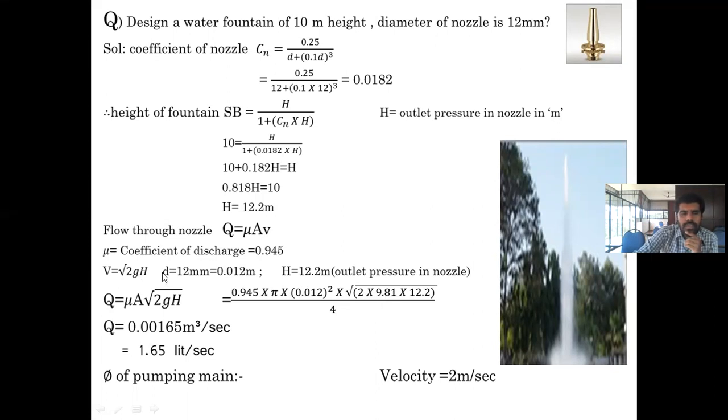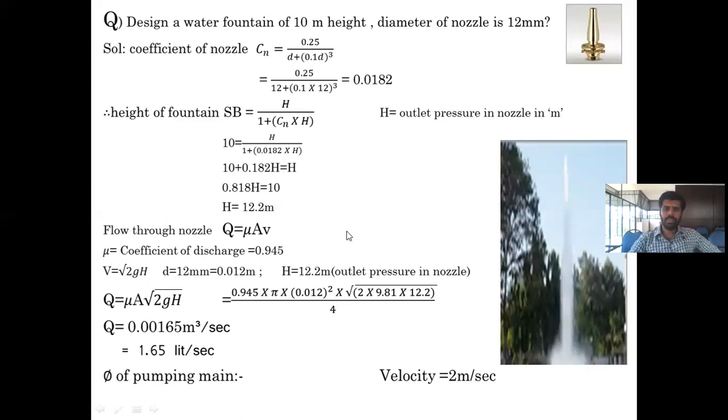Here h is not the fountain height. We are dealing with flow through the nozzle, so h is the outlet pressure in the nozzle, 12.2 meters. Calculate this and you will get almost 0.00165 meter cube per second.